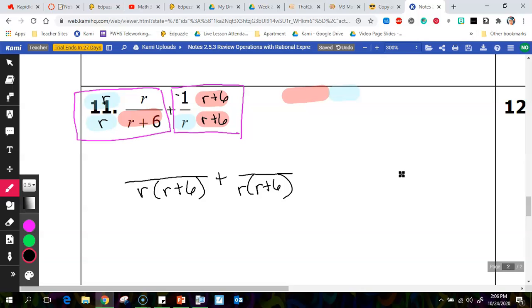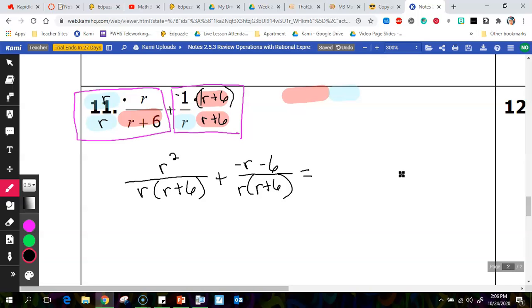Then I'm going to multiply r times r, that's r squared, and negative 1 times r plus 6 is negative r minus 6.